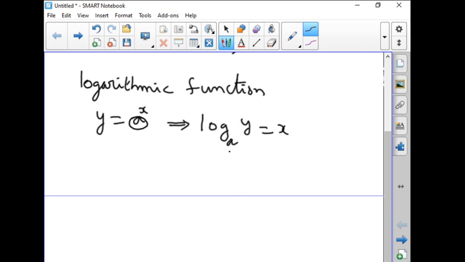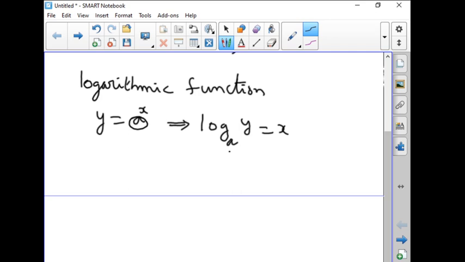So, remember this. The first one is in the exponential form and the second one is in the logarithmic form. So, the base we write it here. So, we read this as log y to the base a equal to x.